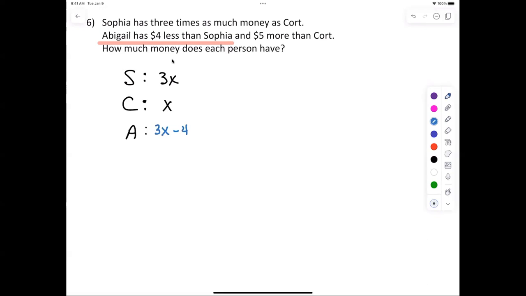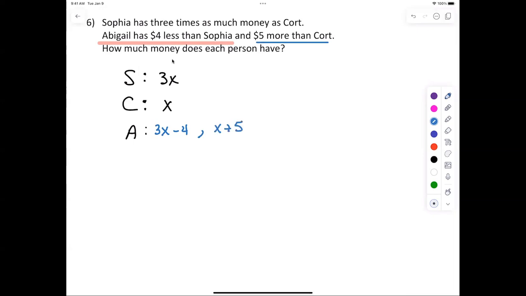And she would have 5 more than Court. So she would have what? She has 5 more than Court. How much does Court have? X. So she would have also what? Yes, but 5 more than is not 5 plus x. X plus 5.